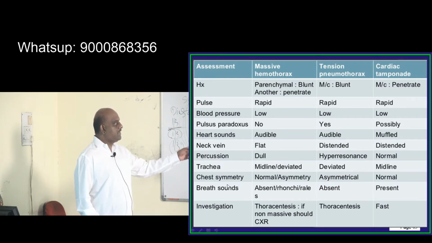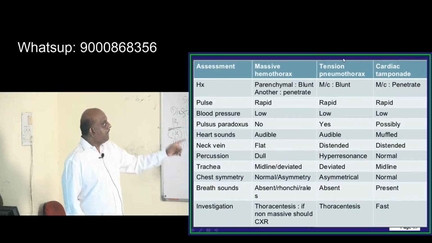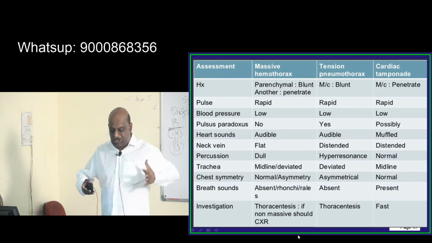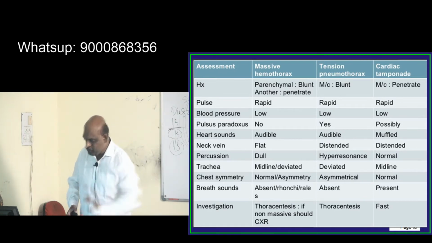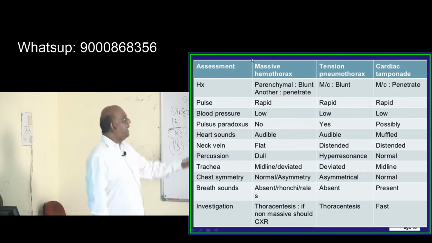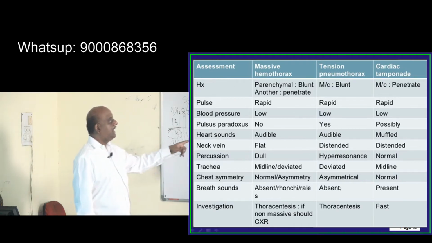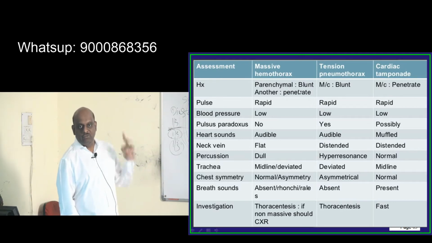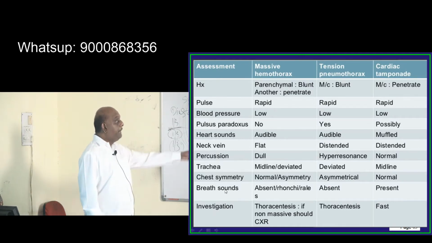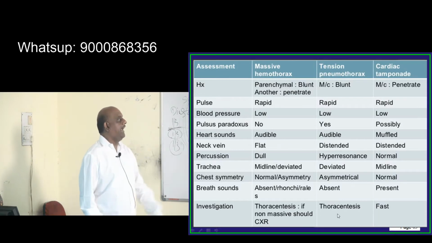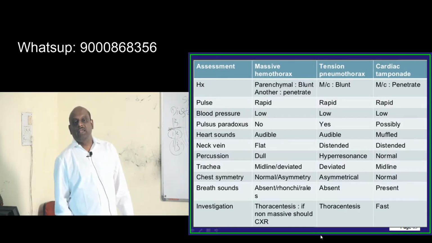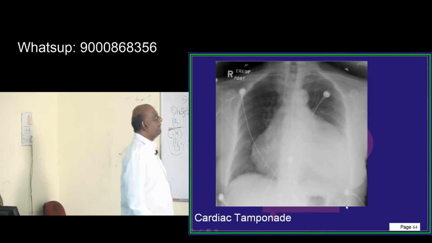And if you look at the chest symmetry, because of the tension pneumothorax, all that air in the pleural cavity compresses the lung and pushes the mediastinum, there can be an asymmetrical chest in case of tension pneumothorax. Breath sounds are very important. Typically they are absent in case of the tension pneumothorax is what you have to ultimately remember.